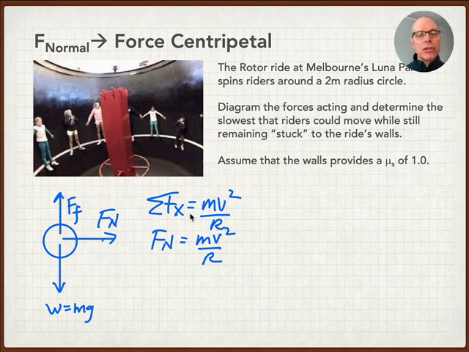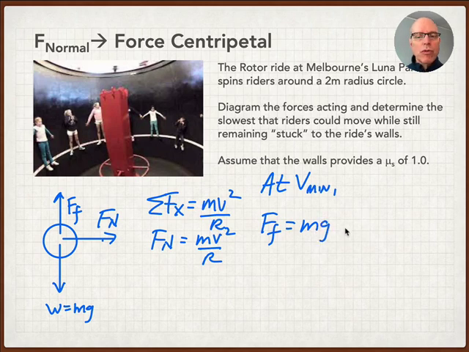Okay, so if we put all this together now, what we're going to end up with is that at the slowest speed, what we'll call v minimum, then let's see it. We can assemble this and say force normal, that's just what it is. Force friction, though, is going to have to just be enough to support mass times gravity.